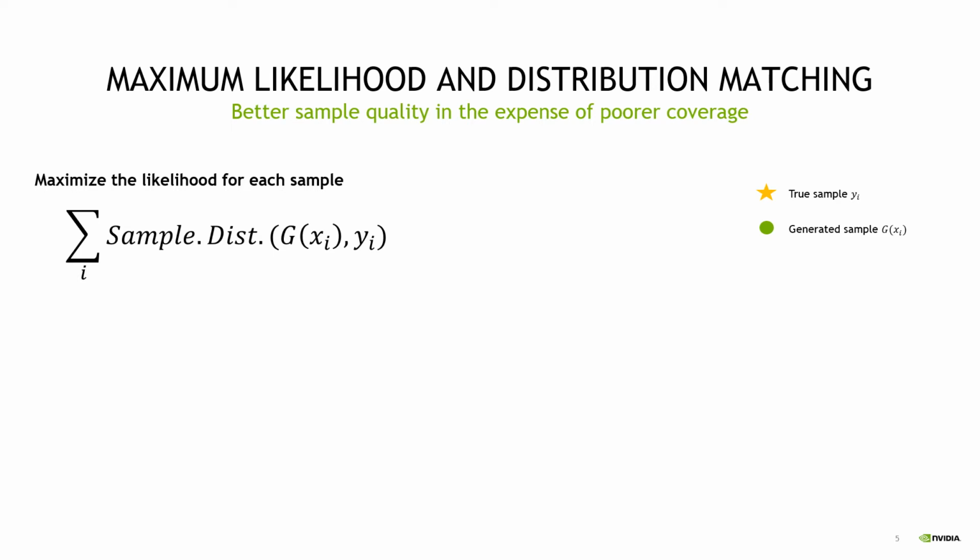And maximum likelihood learning can often be reformulated as minimizing the distance between the generated image and the ground truth image in some sense. And because we want to take care of the whole dataset, there's a summation here. So intuitively, you can think that you have a distribution and you have different samples.